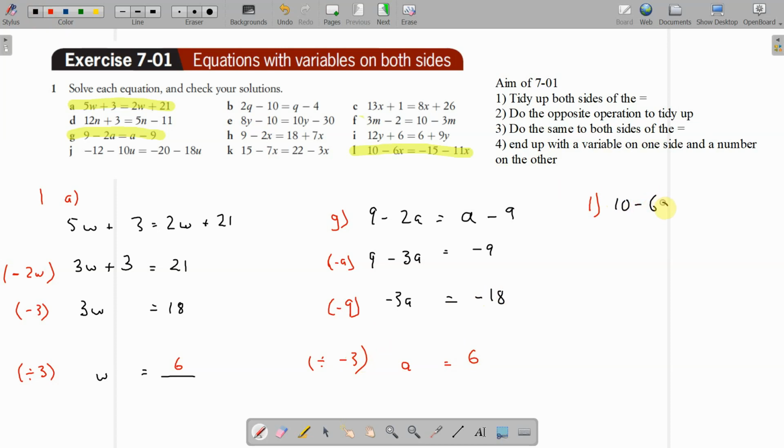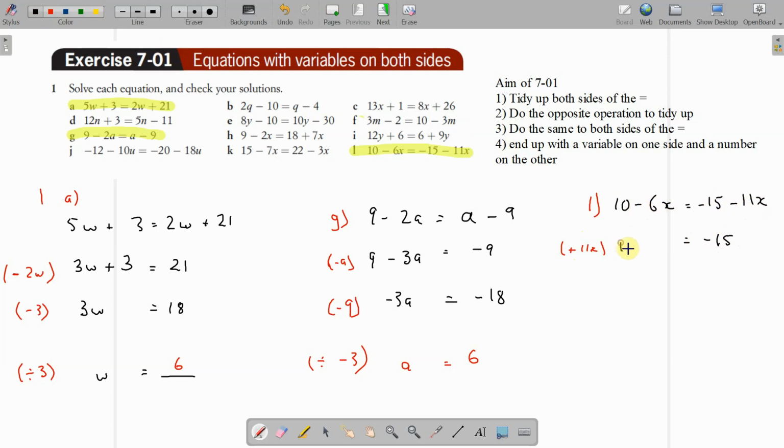Okay, lastly, with a minimum of explanation, I'll just say it as I do it. Yeah, variables on both sides. I'm going to remove that. So minus 11x, I'm going to plus 11x. That means that's gone. Left with minus 15.